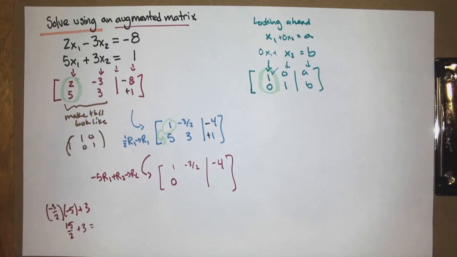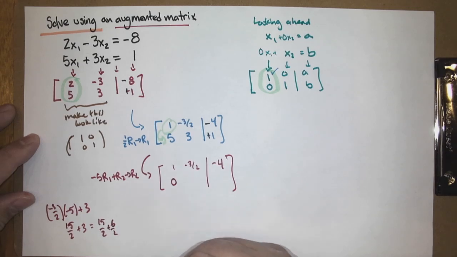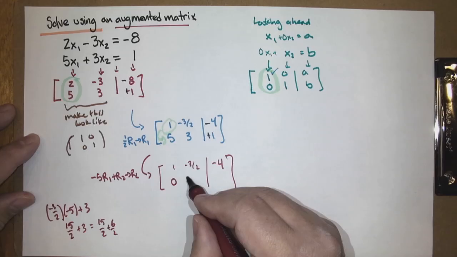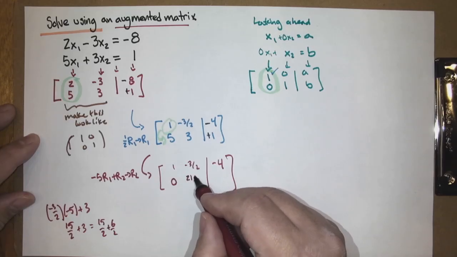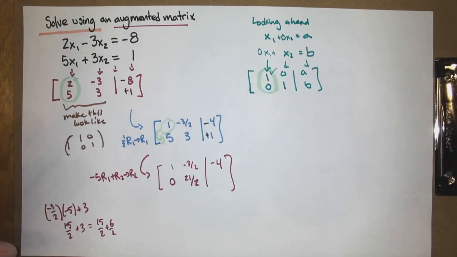What does 15/2 plus 3 become? Common denominator is 2. 15/2 plus 6/2, 21/2. Yes, fractions can occur. We're not going to be worried about them or overly nervous. We'll do our best to keep our nerves calm.